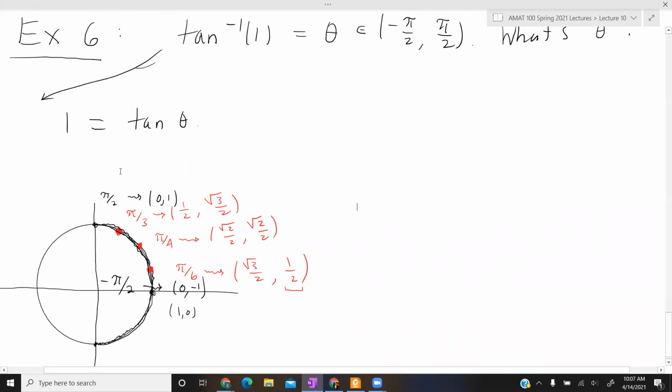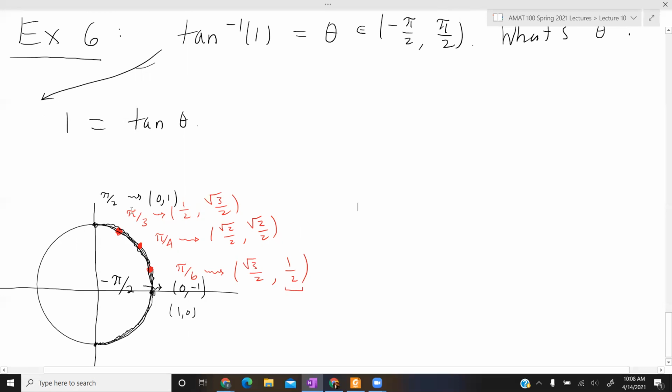But we are dealing with a positive number. That means the point we're interested in is in the first quadrant, because that's where the ratio of the y to the x coordinate is positive. If this were a negative one, we would have to look in the fourth quadrant.